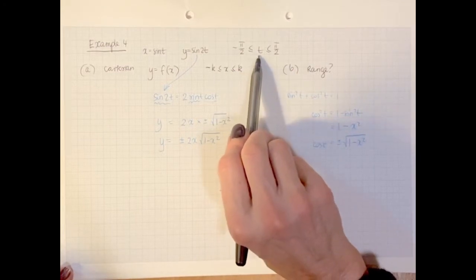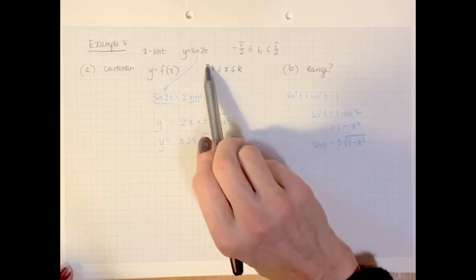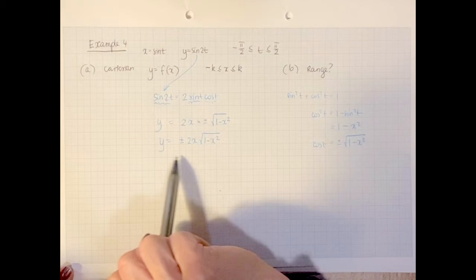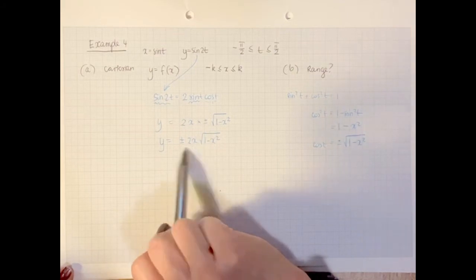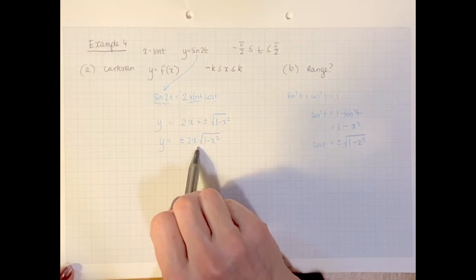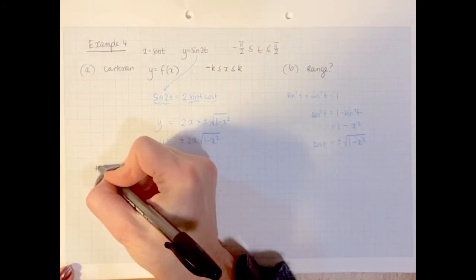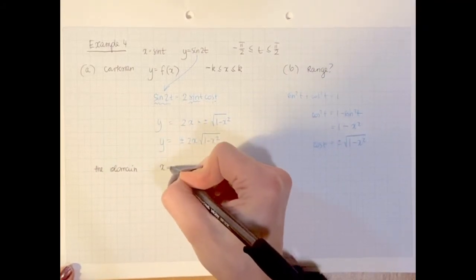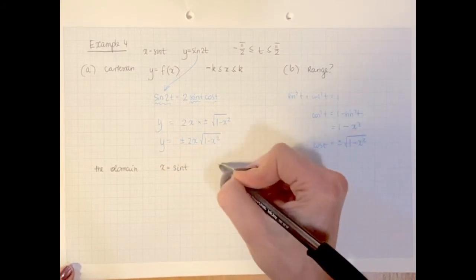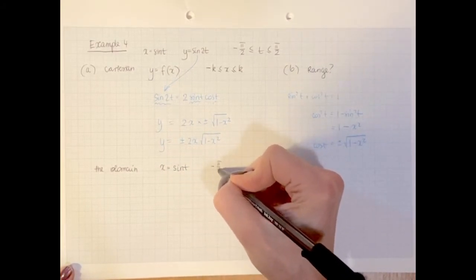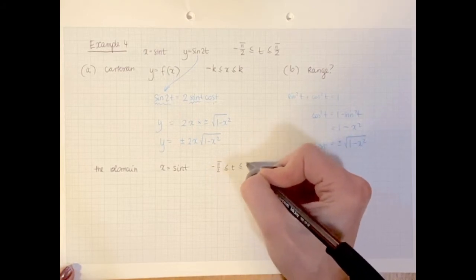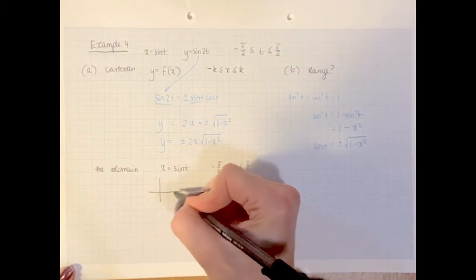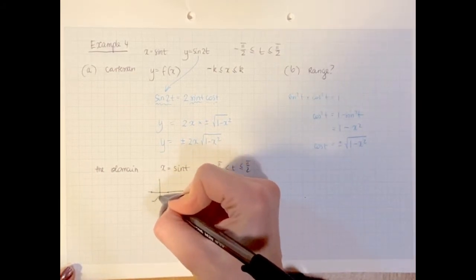To find the domain and therefore the values of k, we need to consider the graph x equals sine t, because we wouldn't be able to tell this from the Cartesian equation. So for the domain, we are going to think about the graph of x equals sine t when t is restricted from minus pi over 2 up to pi over 2.